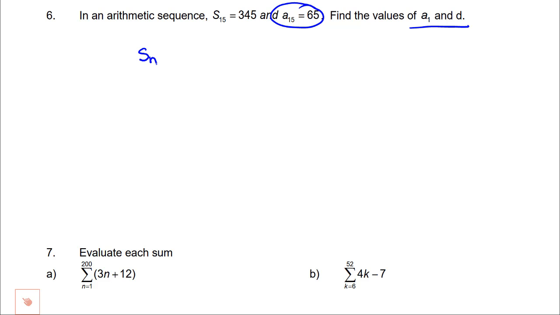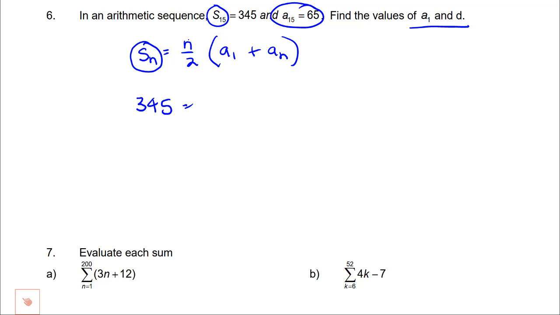S sub n equals n over 2, first term and last term. I think I have everything. Let's see. Who is this? This guy, which is 345. Good. This is what? 15, the number of terms.